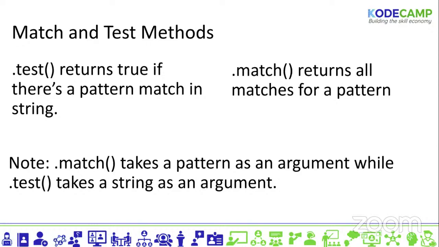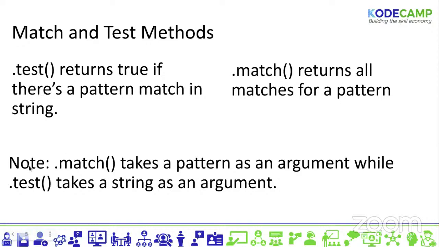So I use match, and then I have to use match with the global flag. That's to say, okay, search the whole string and give me the number of times this pattern exists in that string, and then send it to me back as an array. So the match pattern always sends back an array.